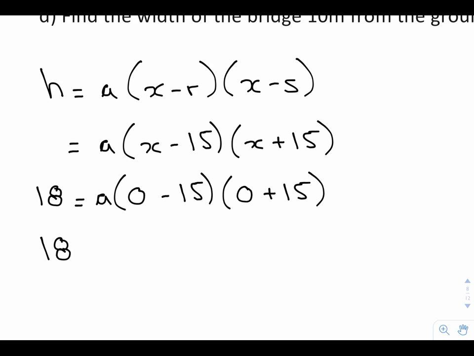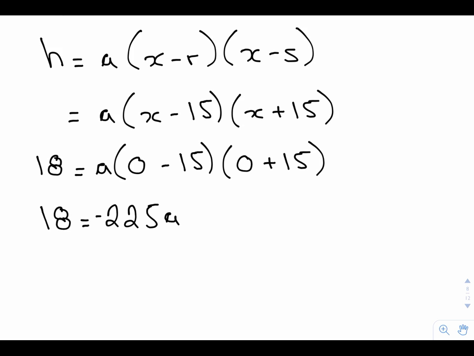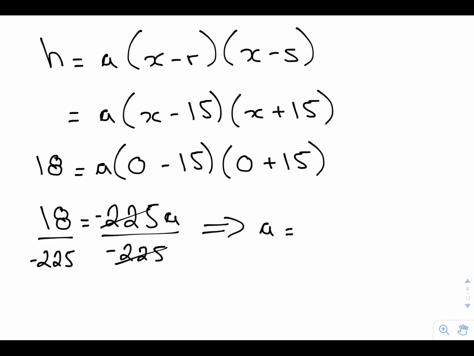So I have 18 equals negative 15 times 15, which is 225, and that's negative 225a. Divide both sides by negative 225. They cancel here, and my a value is, in simplified form, negative 2 over 25. Again, both top and bottom are divisible by 9, and there's your a value.